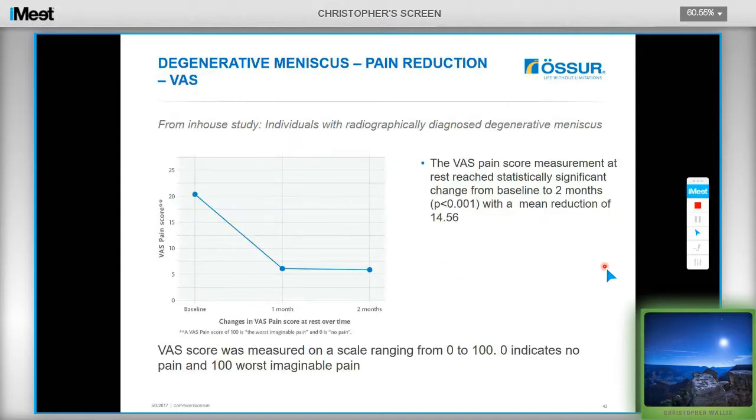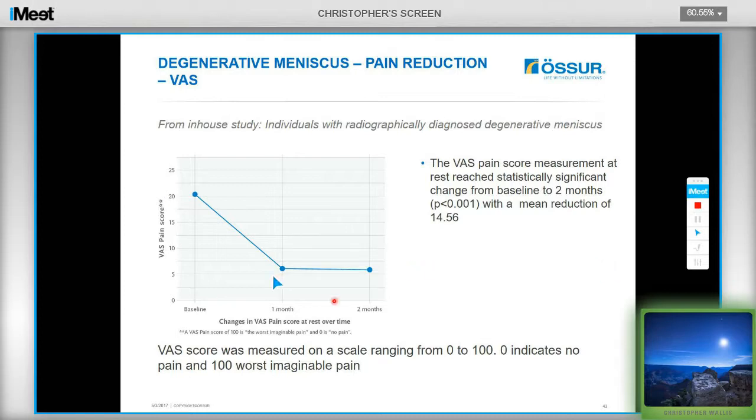And I guess from a patient perspective and a symptom perspective, patients always present with pain. That's the number one symptom that patients are going to present with. So they were able to show statistically significant reductions in pain from baseline to 2 months.